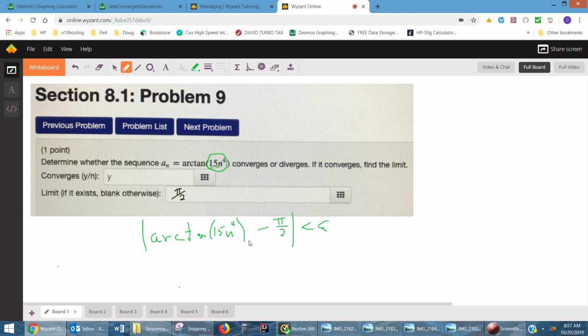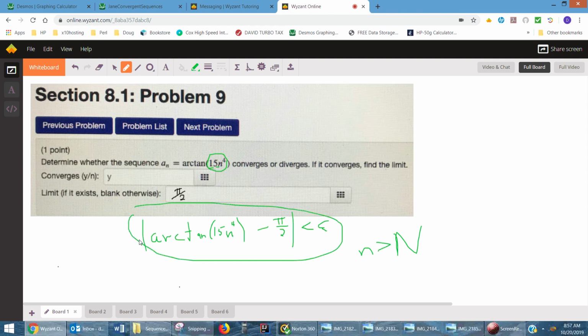So we would put this expression right here between epsilon and minus epsilon, add pi over 2 to both sides, take the tangent of every term, divide by 15, and then take the 4th root. So no matter what epsilon you give me, I can find a capital N such that if n is greater than capital N, this statement will be true.